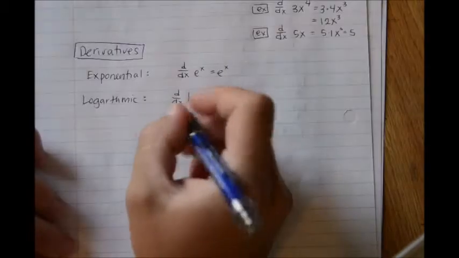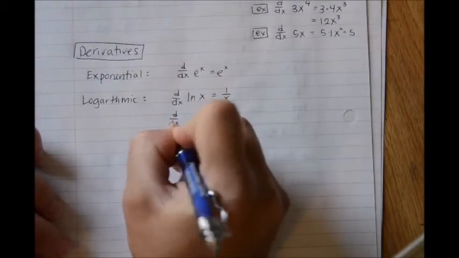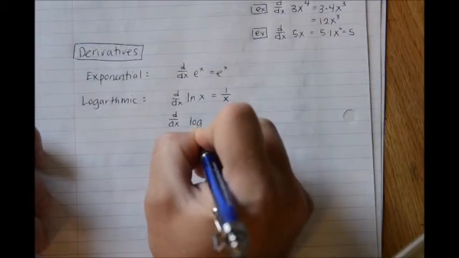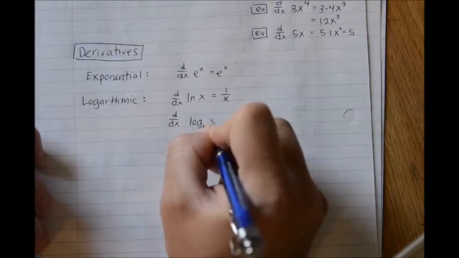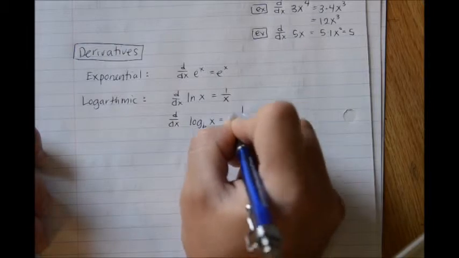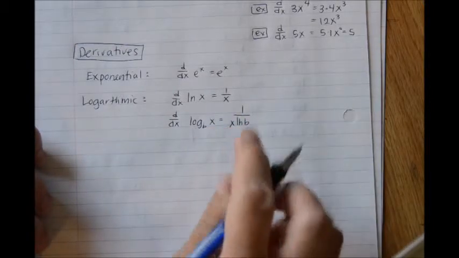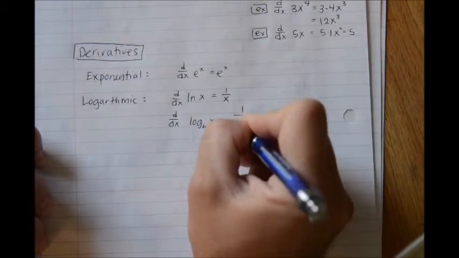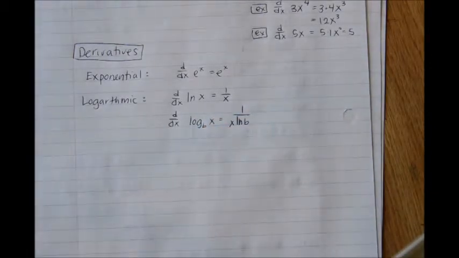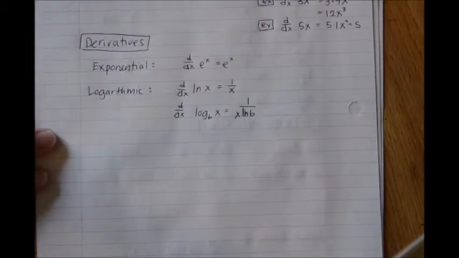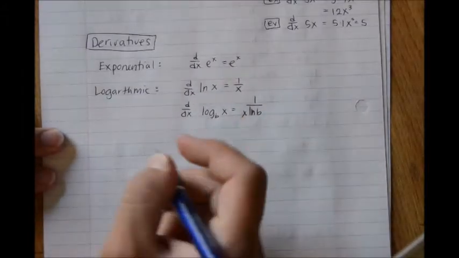And then the derivative of log is a little bit more complex, but not too bad. Mostly if you memorize it, the derivative of log base b of x is equal to 1 over x times natural log of b. So definitely flashcards, so you can go through and practice these. And as we have flashcard quizzes, you're ready to ace it.